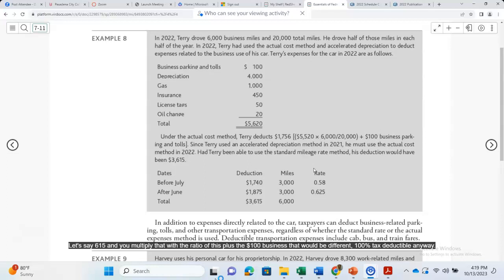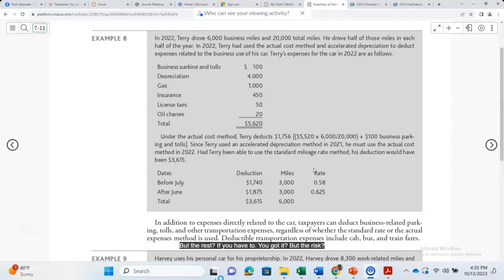So you would add the parking separate from the mileage? The parking has to be separate because, as I'm saying, whether you use 5% for business or 80% for business, that $100 you have to pay no matter what. So the IRS says, okay, that $100 parking is 100% business, no issue on that.